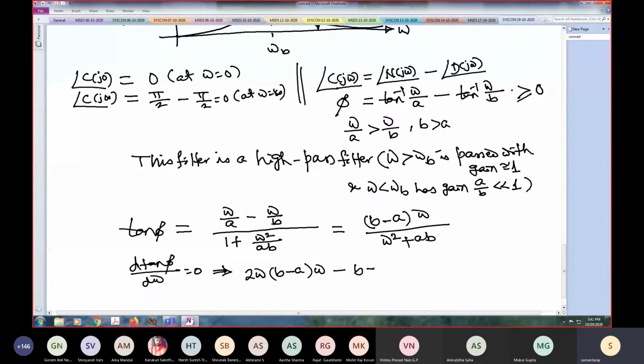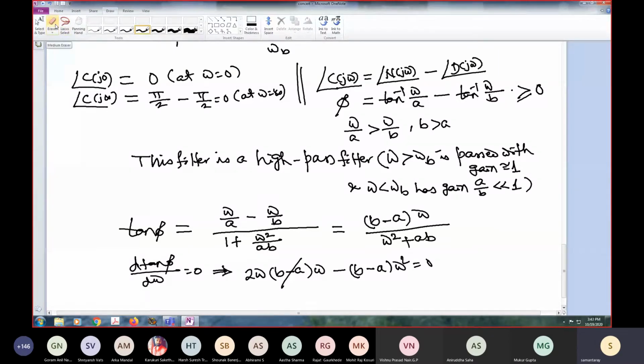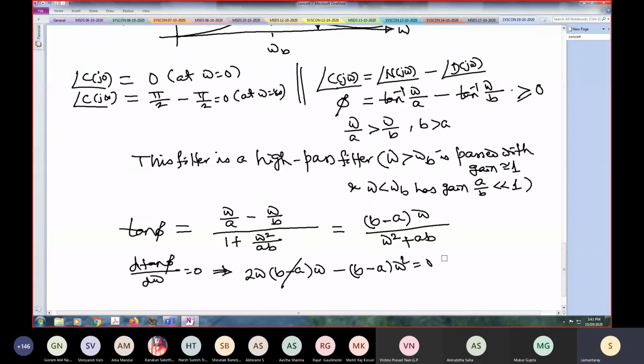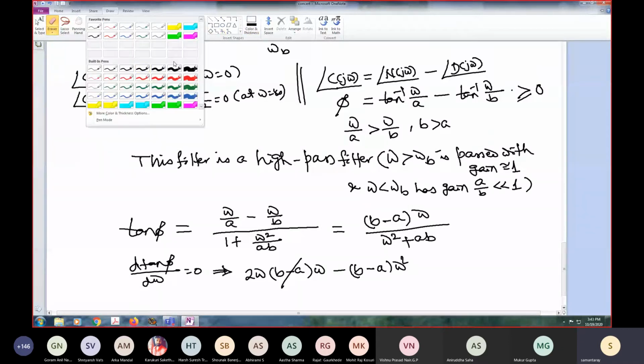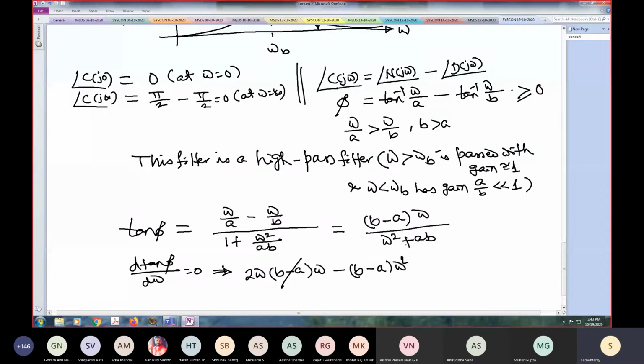So minus (B minus A) into omega square is equal to 0. So B minus A goes. Omega square plus AB equal to 0.